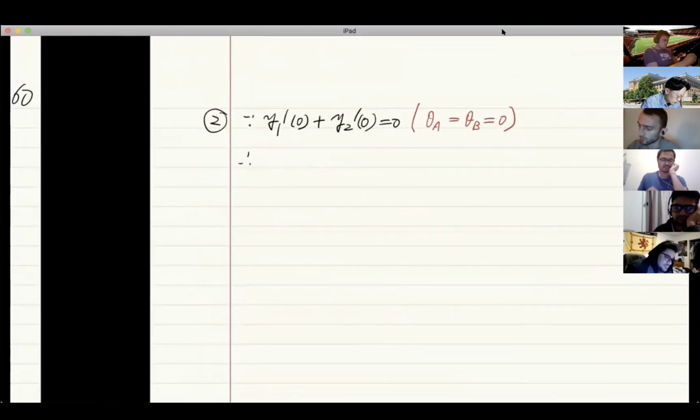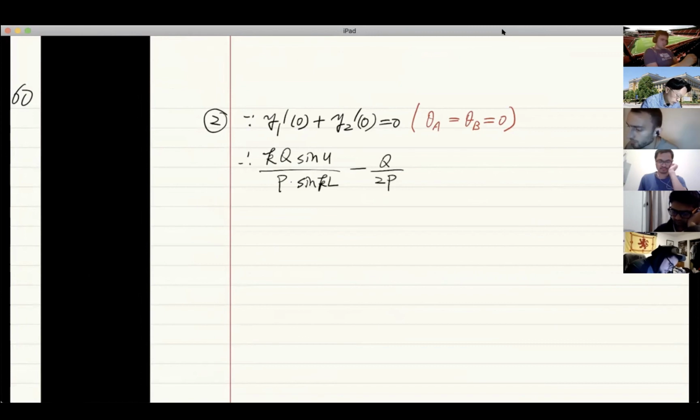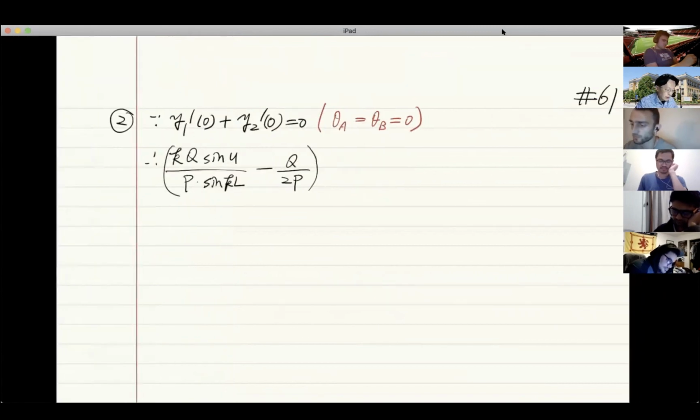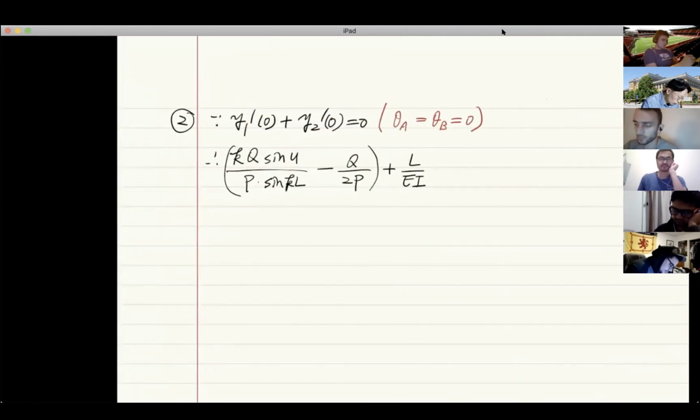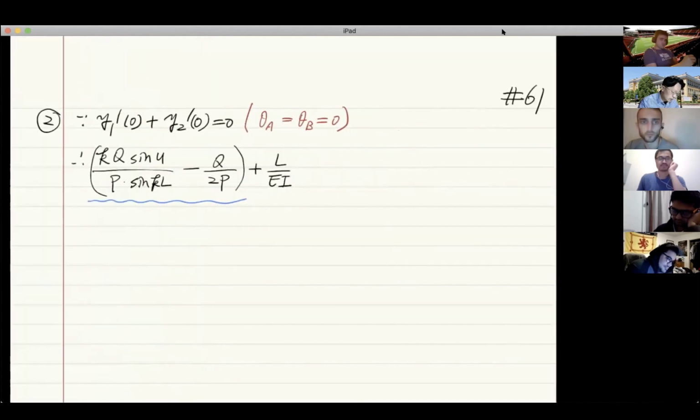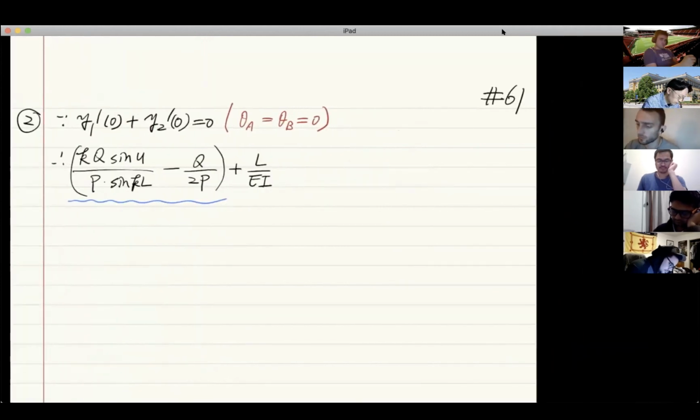That is kq sine u over p sine kl minus q over 2p. So this is the first one. And the other one is just L over EI. That's the Y2 prime. So the first one here is Y1 prime. The second term is Y2 prime.